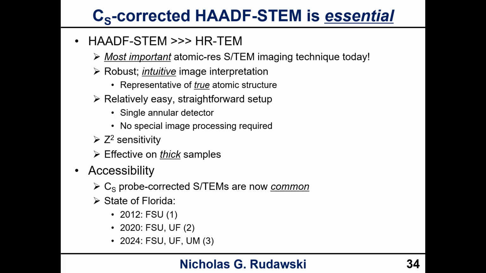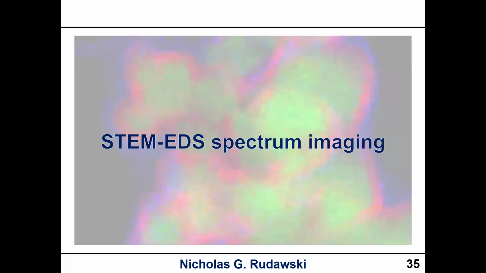I think in pretty much any state where you have the flagship university, they are likely to have one, though it might be the private university, but there's likely to be a university not very far from you that has one of these instruments, okay? The CS probe corrected STEM, okay? So that's why it is essential.